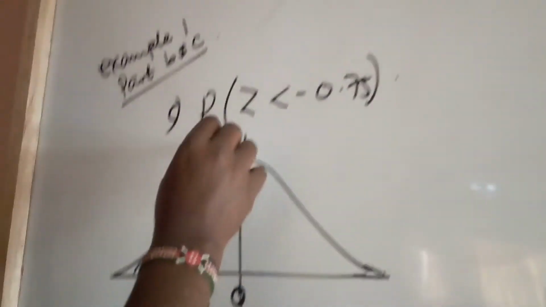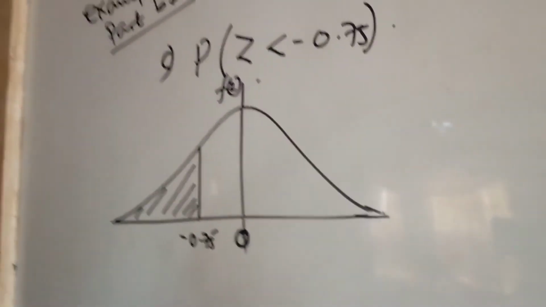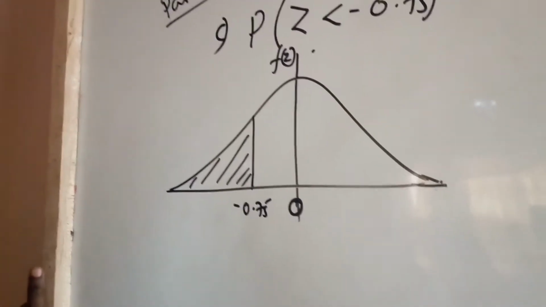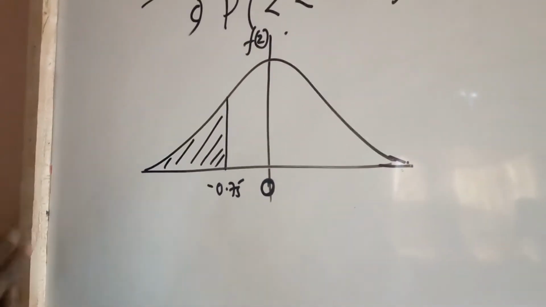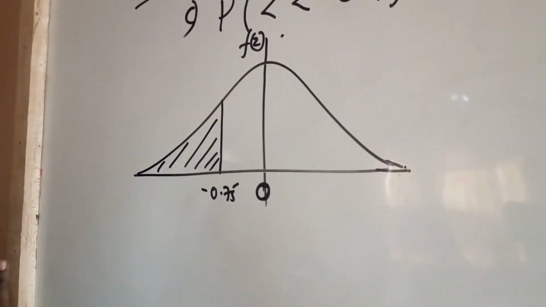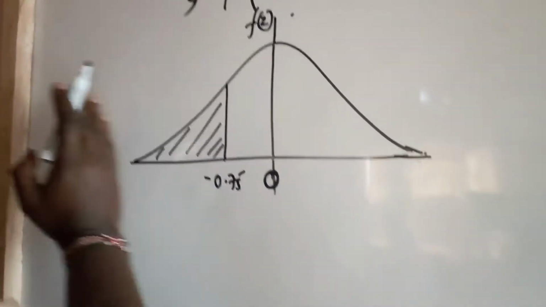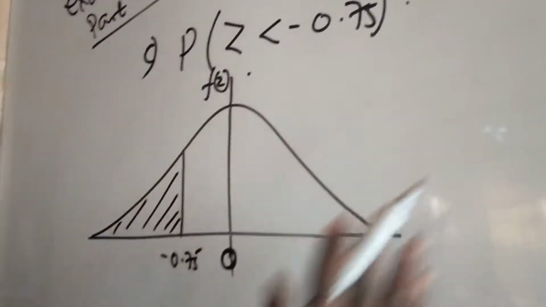Incidentally, the table does not give us values or areas of region under any negative value. So what do we do? This one should not worry anybody, because when you consider this half of the region or of the model is exactly similar to this.